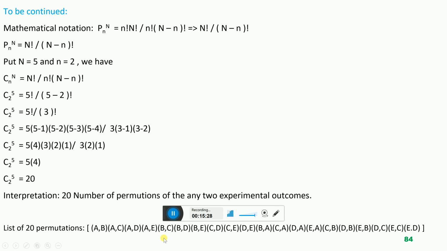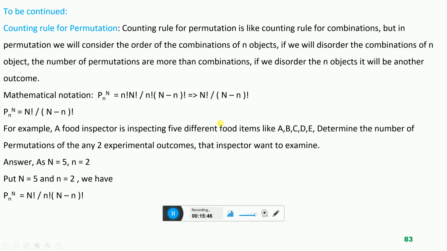So AB is one experimental outcome, but if we disorder to BA it is another experimental outcome. That is why the 10 combinations double to 20 permutations. The only difference is the order of the small n: if we disorder this small n, this will be considered another experimental outcome.